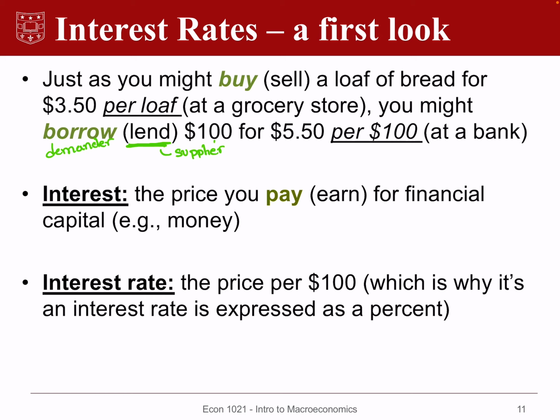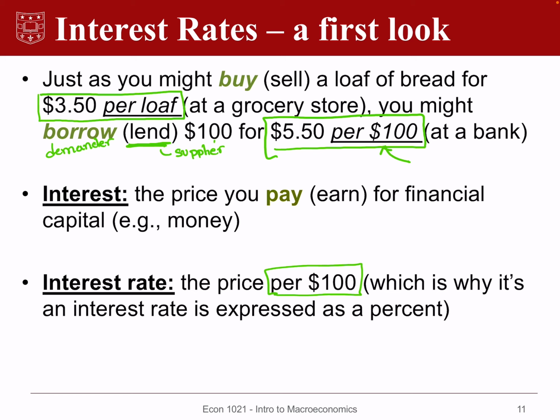So just as we express the price of a regular good or service as per unit, we express interest per unit. So conventionally, we express it as per $100, which is why we express an interest rate as a percentage.